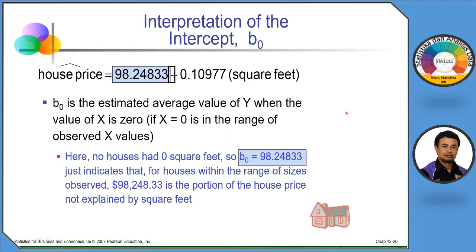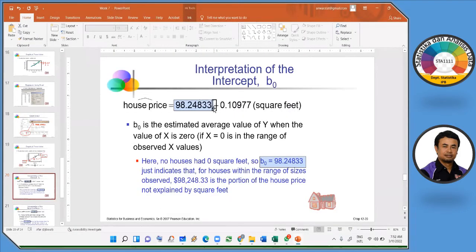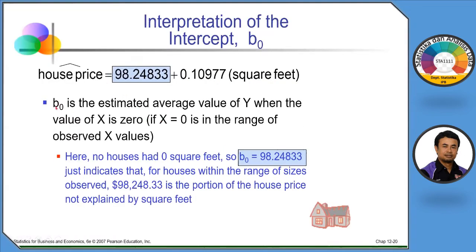Okay, so look at this, the way to interpret B0. Sorry, let me put it in the right place. Look at this. The B0 is the estimated average value of y when the value of x is 0.